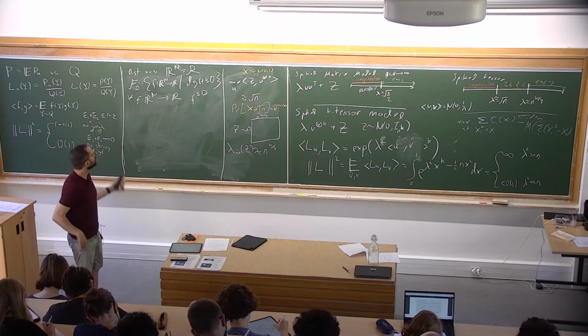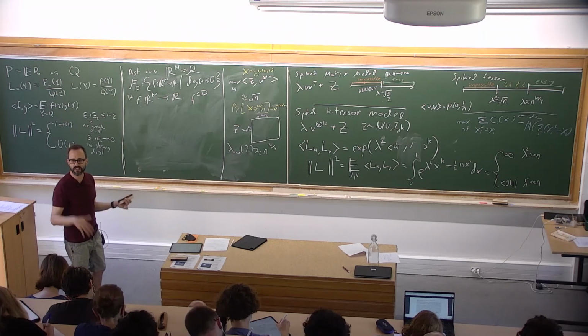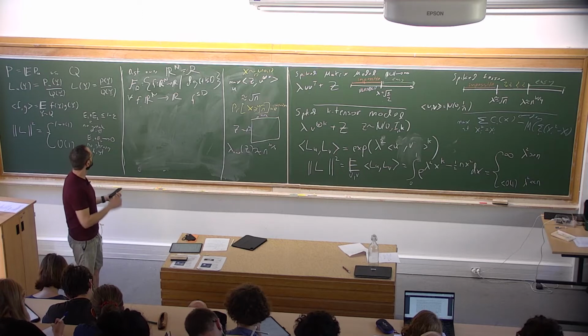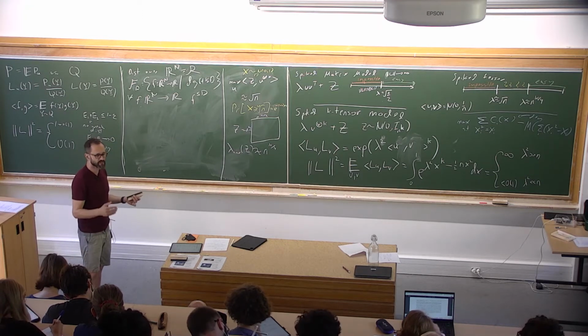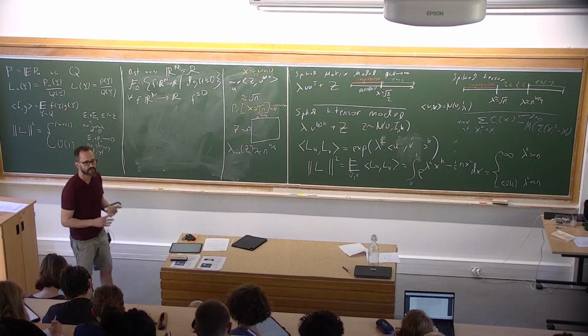So we have a linear subspace, we have an inner product, and then we can define a projection into the subspace of polynomials.